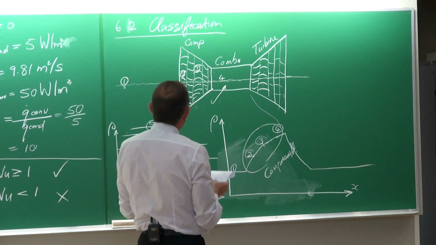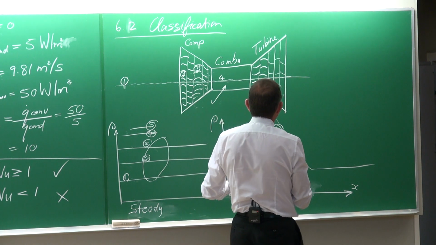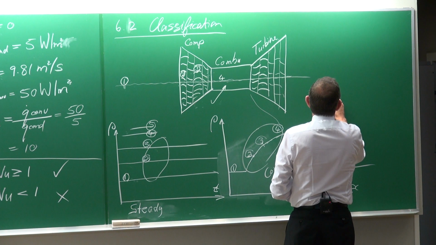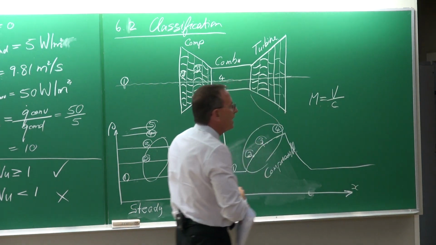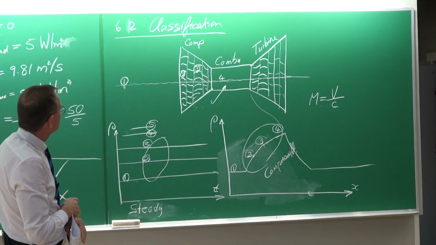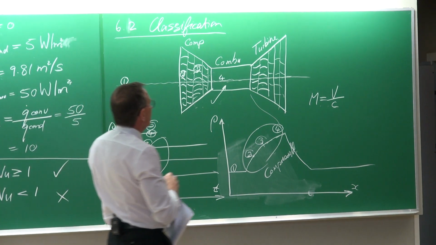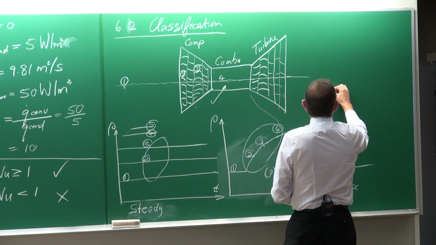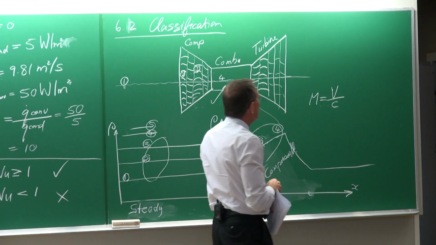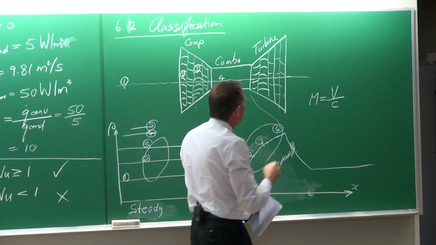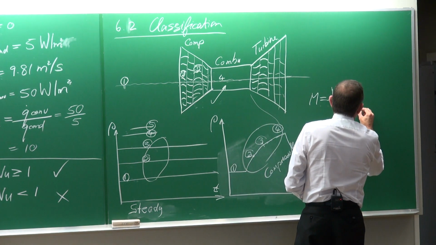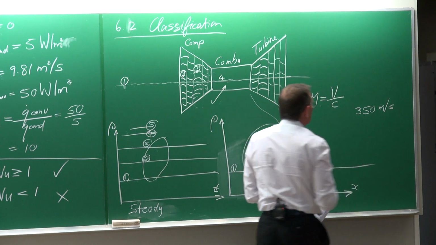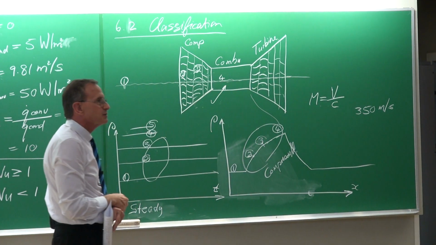Now, although it is being compressed, we have to distinguish between when can we consider the flow field as compressible and when not. For that, we are going to look at the ratio of the velocity divided by the velocity of sound. And for air at 20 degrees Celsius, the velocity of sound would be about 350 meters per second.